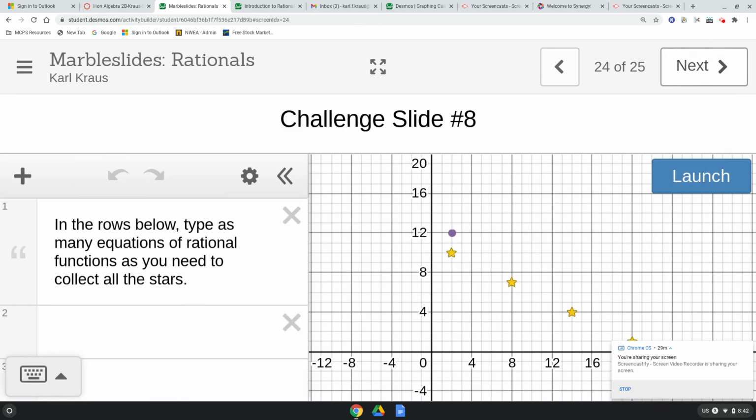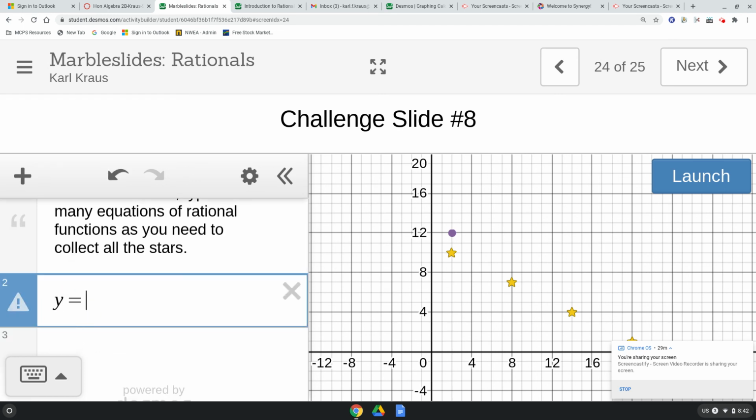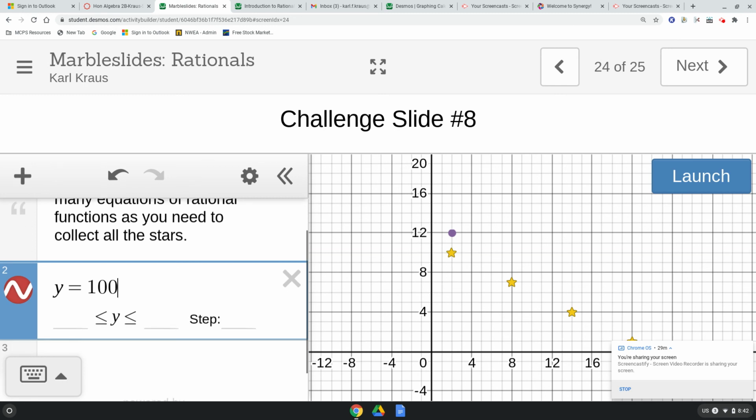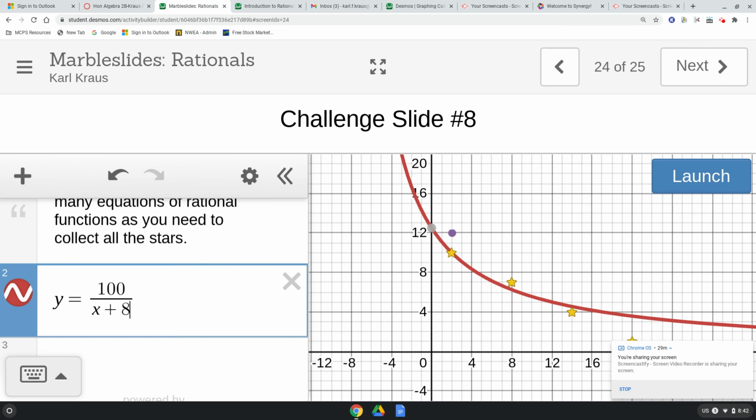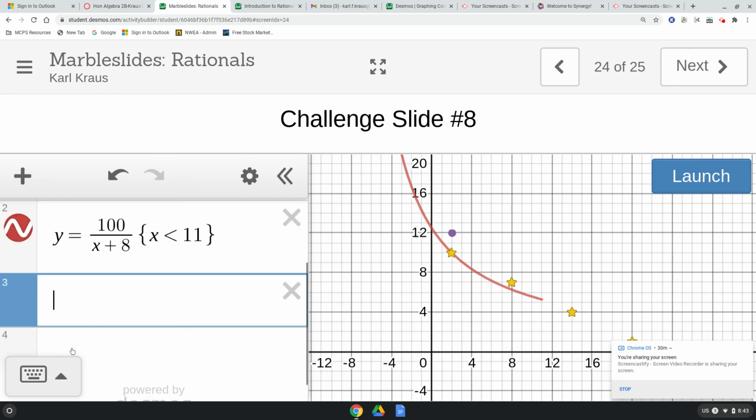Here's the last slide. So what I did there is used a big dilation. And then x is less than 11. And then I need to catch the marbles on the other side so they can go the other way.